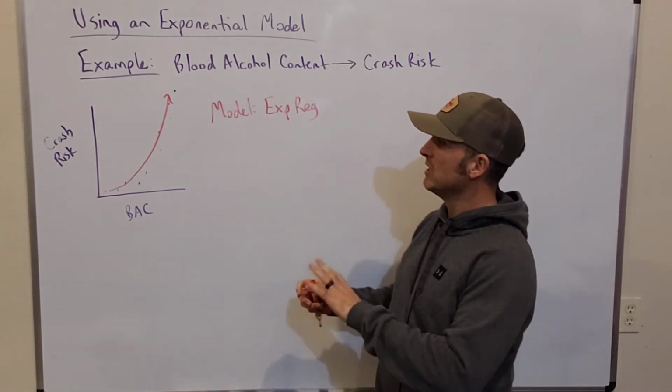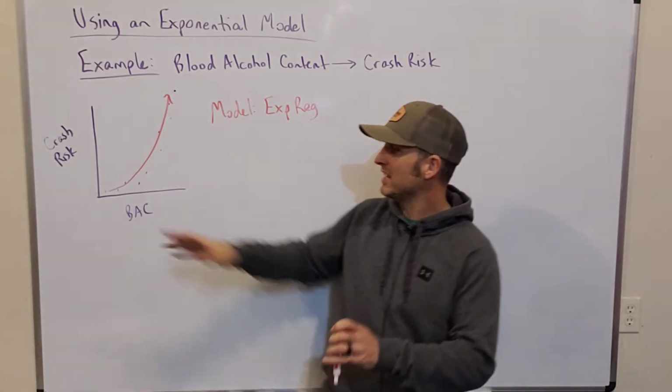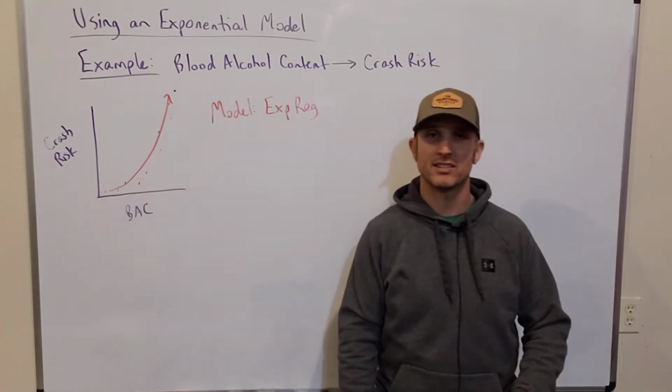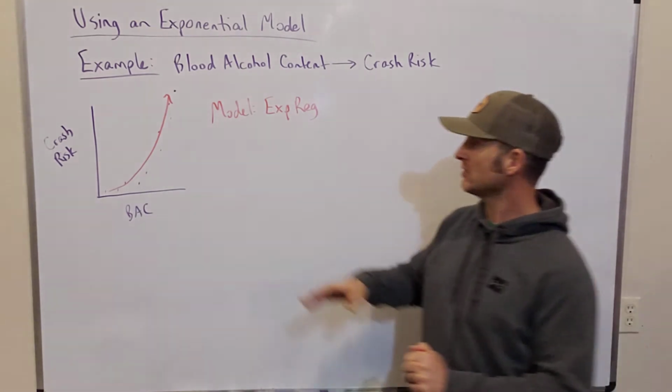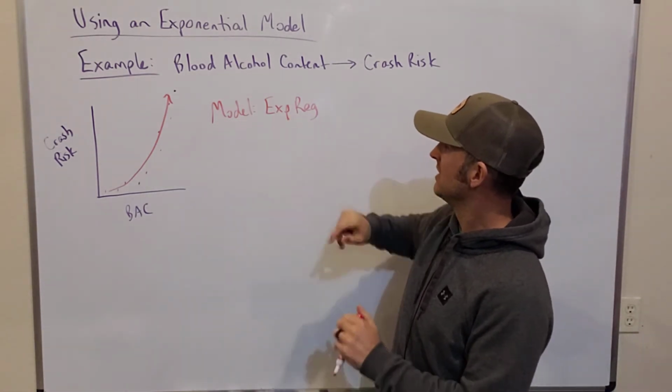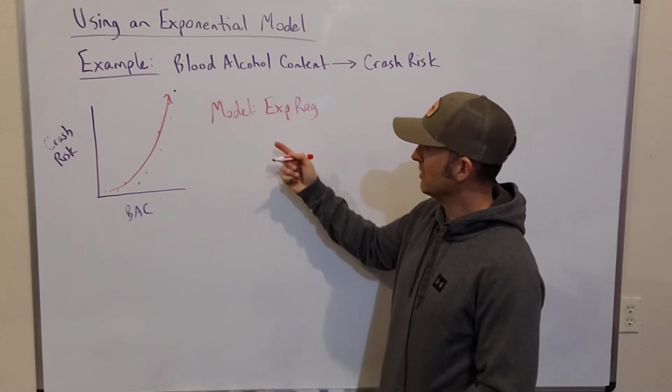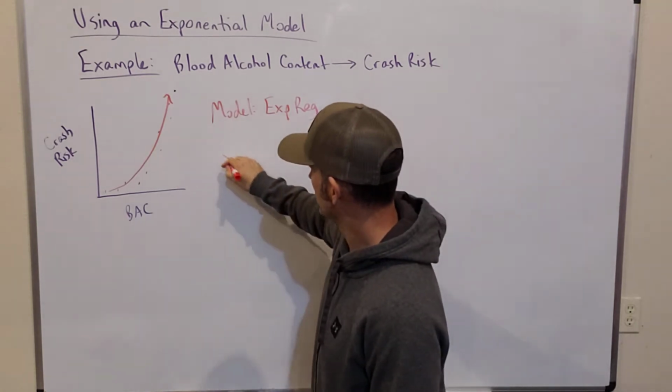Let's say that I've already done that. I've taken some specific data points that relate BAC to crash risk, plugged them into the exponential regression function on a graphing device, and I've gotten the following equation.